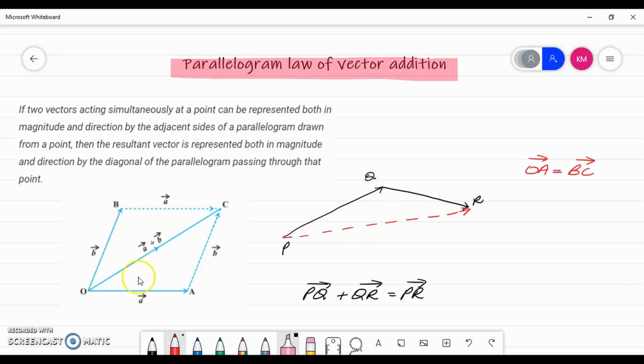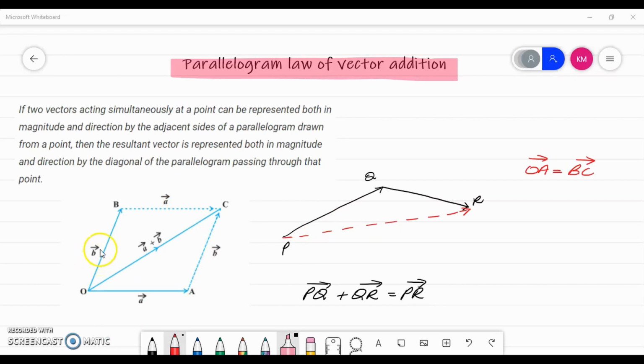We can see that because in our diagram here, it has formed a parallelogram, and in a parallelogram, you have two pairs of equal sides. So our vector A here can be formed, which is the vector BC, because BC and OA are equal vectors.